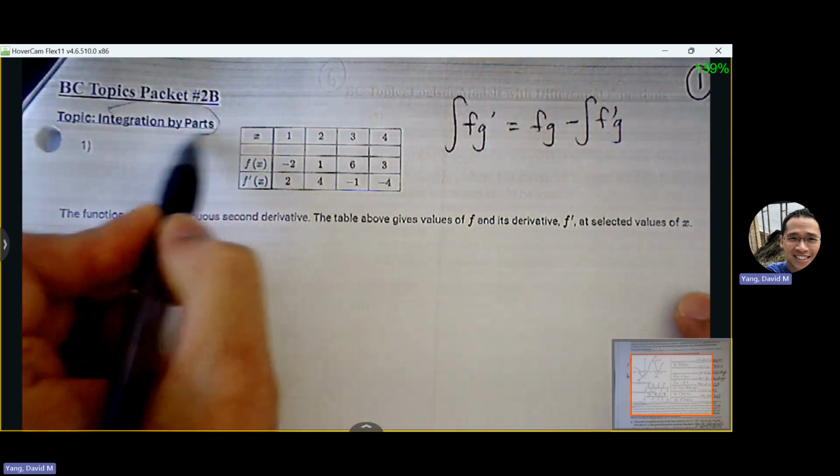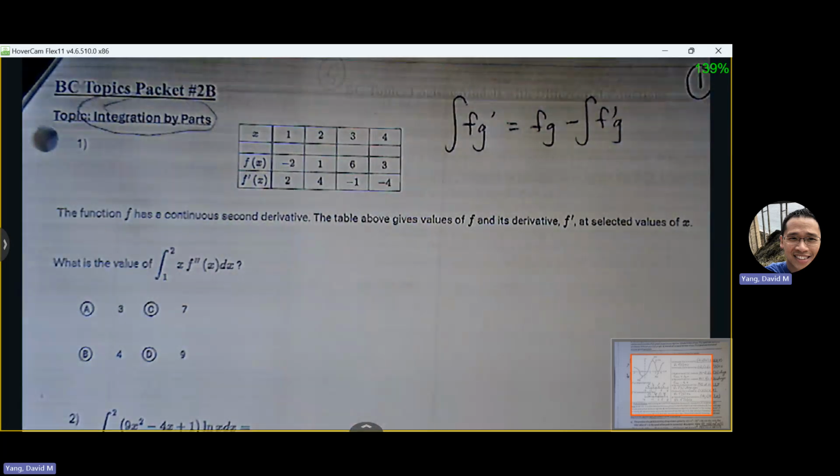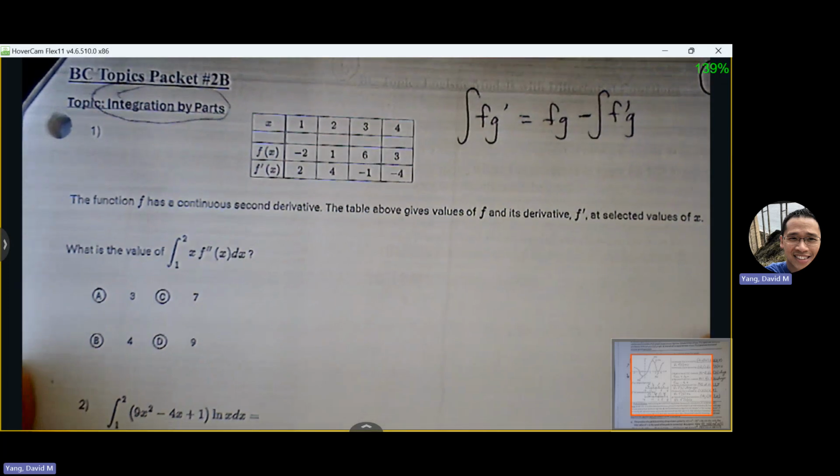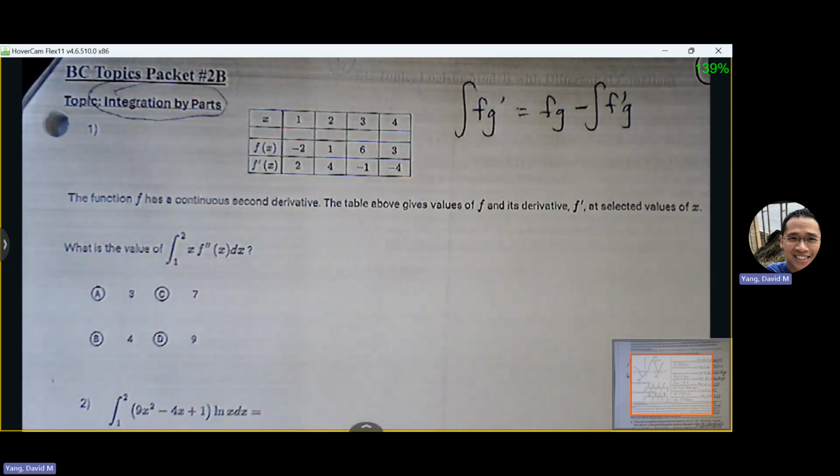Integration by parts is usually a good fit when you have two different families of functions being multiplied together, and you're asked to find the integral, and you just can't quite get a u substitution to fit the problem. So this is kind of like a workaround for problems where u substitution is not able to get going. So it says function f has a continuous second derivative. The table above gives the value of f and its derivative f prime at selected values.